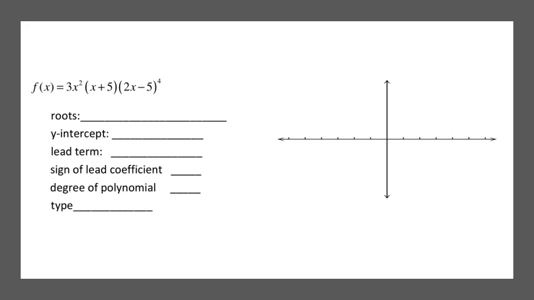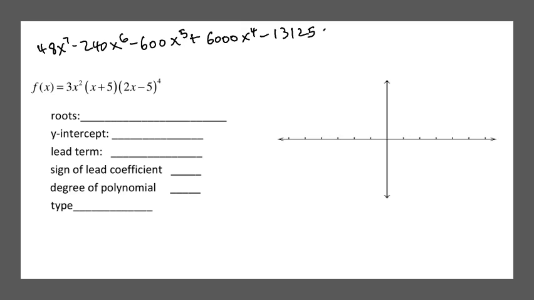But if we were to multiply everything out, this polynomial would look like 48x^7 minus 240x^6 minus 600x^5 plus 6,000x^4 minus 13,125x^3 plus 9,375x^2.